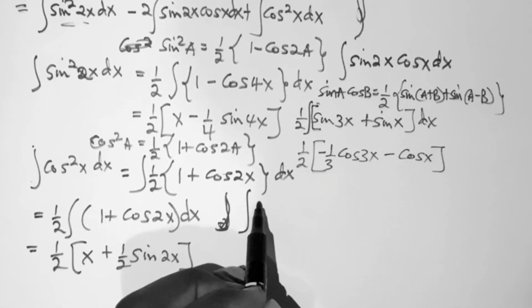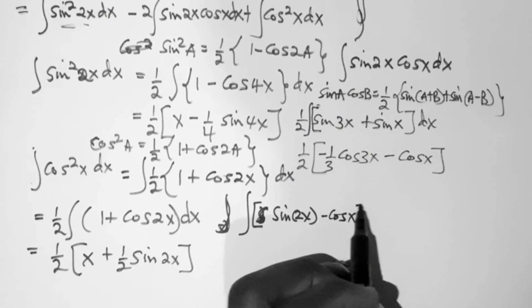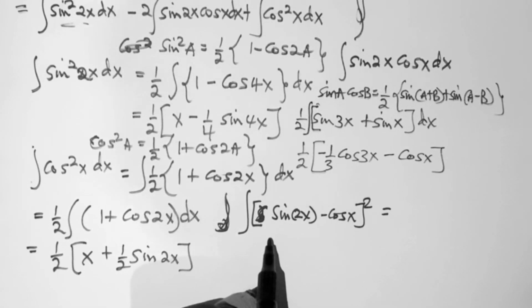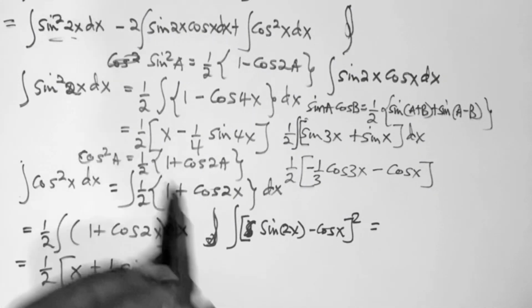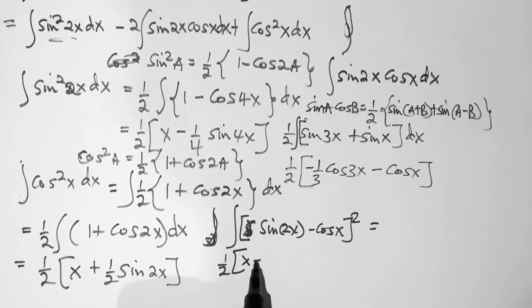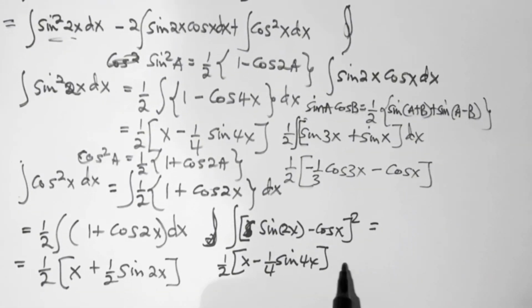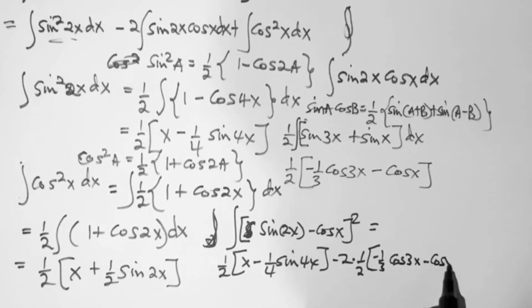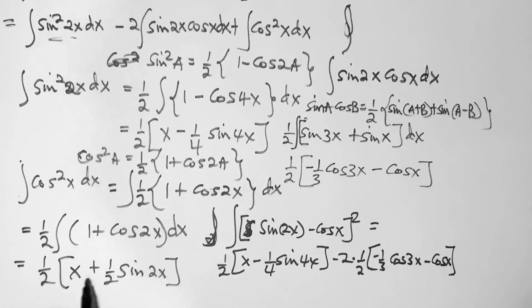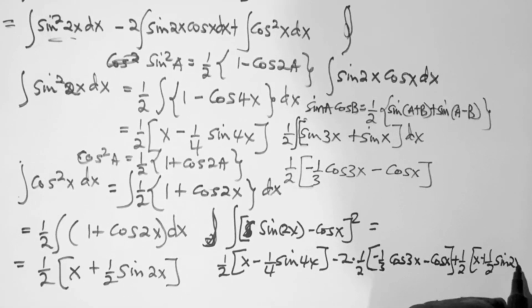The integral of (sine 2x minus cos x) squared is equal to half of x minus 1 over 4 sine 4x, and then minus 2 times 1 over 2 times (minus 1 over 3 cos 3x minus cos x), then plus half of x plus half sine 2x, plus c.